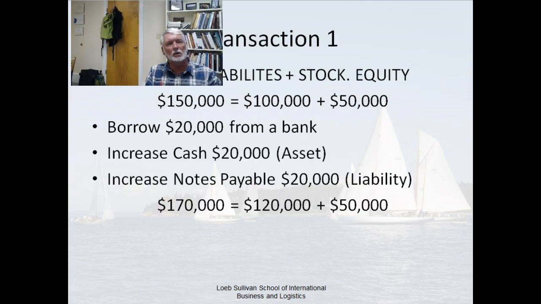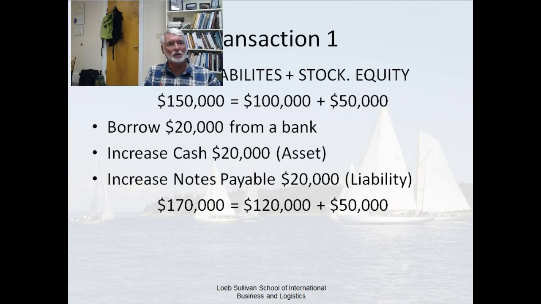Here's an example of a double entry. Before we make this transaction, we have $150,000 in assets, $100,000 in liabilities, and $50,000 in equity. That balances. We've got $150,000 on each side of the equation. So we go and borrow some money from a bank. What does that do to the cash side?